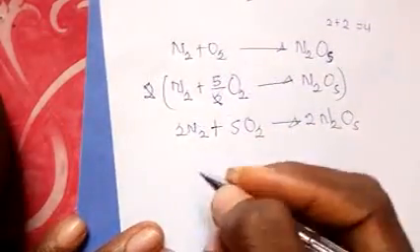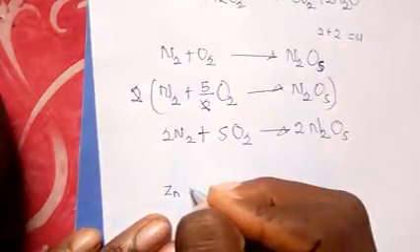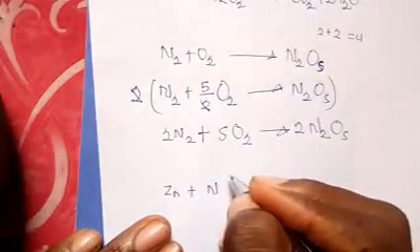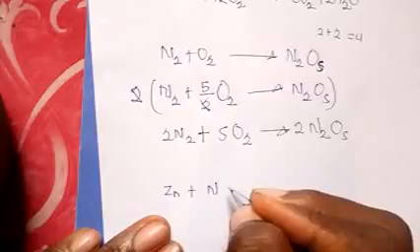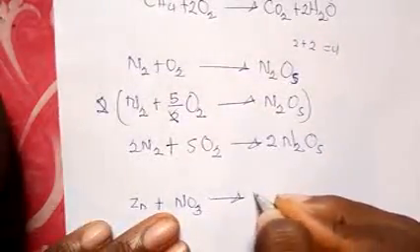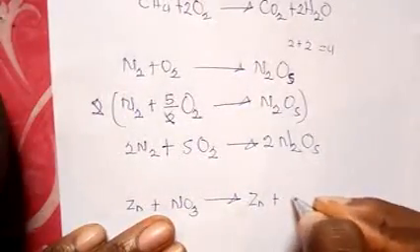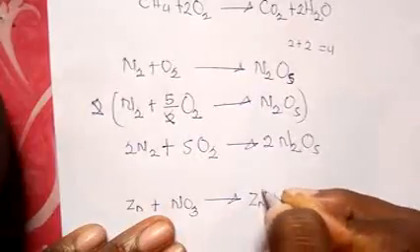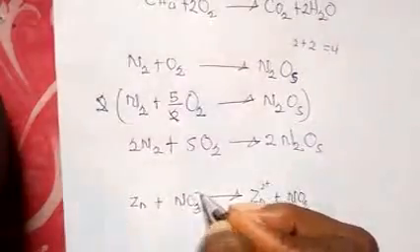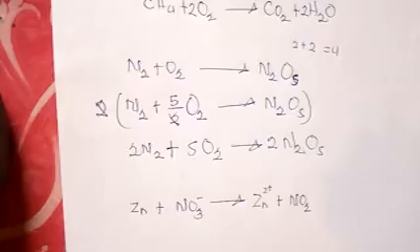Let's take, for instance, suppose you are given zinc plus nitrate to give zinc plus NO2. Let's say zinc is 2 plus. Now look at this equation. Suppose you are given this equation and you need to balance it.